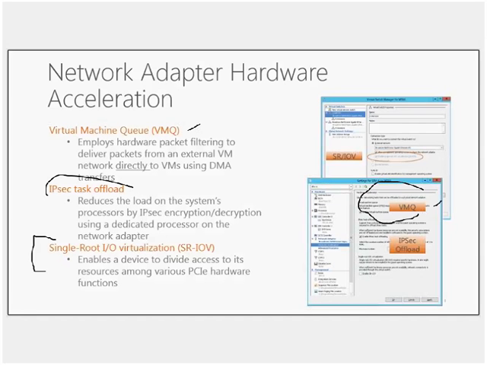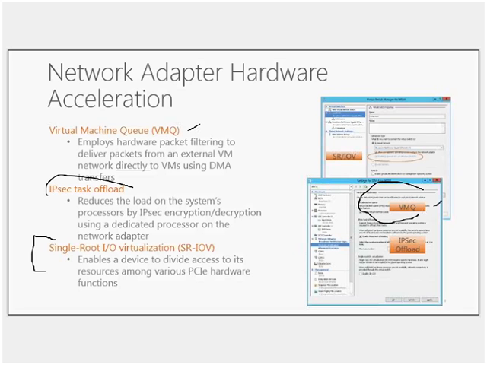What's nice is if you're running VMs and using a dedicated processor on the network adapter card, and using IPsec encryption and decryption, making those VMs on that virtual switch in the hypervisor run much quicker if you have the hardware to support it, so you don't have calls constantly.